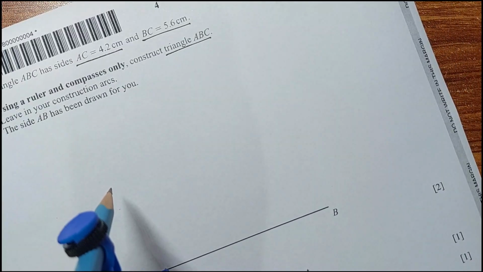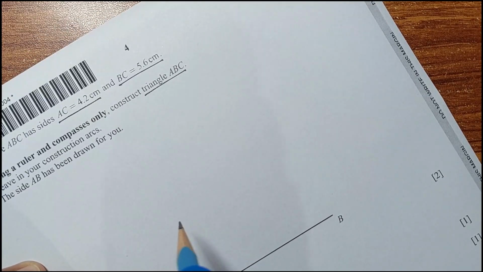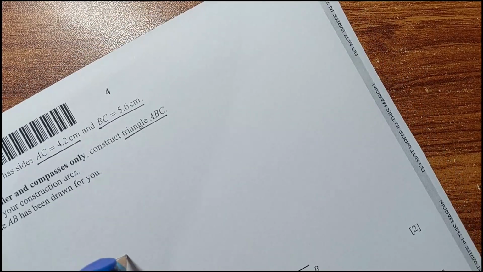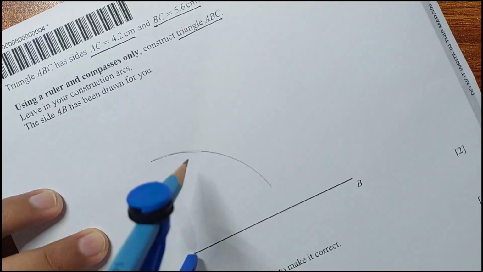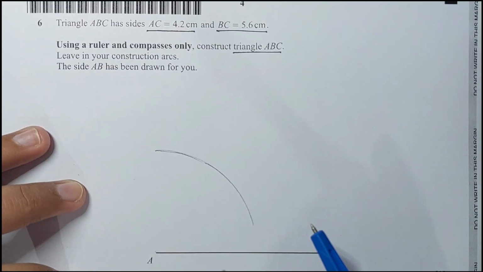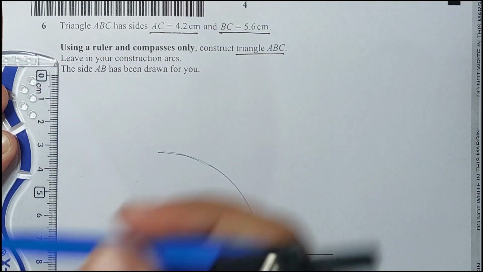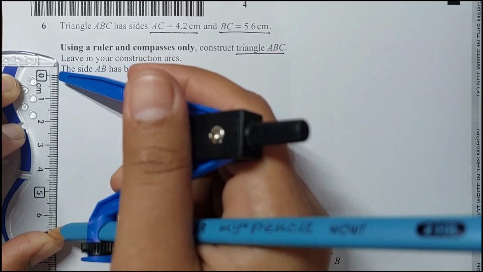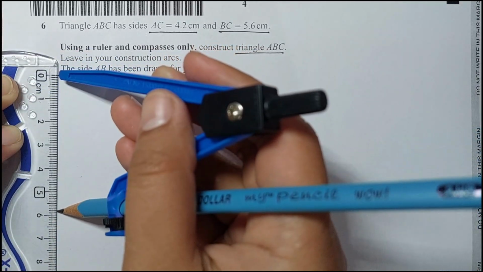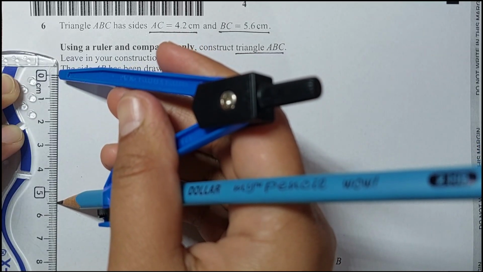Here is an arc. From B to C is 5.6. Let me open it a bit wider. This is 5. Okay, it's more. It's a bit more. 5.5.